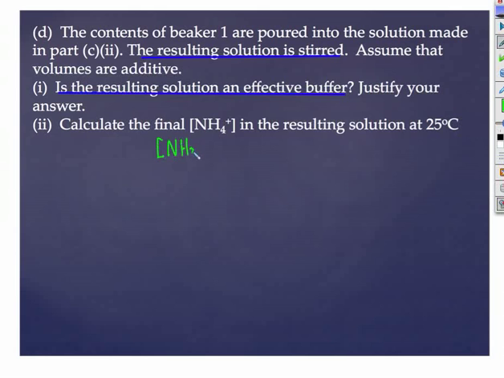Well, remember, we had a concentration of NH3 equal to our NH4+, and those were both equal to 0.05 molar solution at that point. Now this was a buffer solution. That's why we could use the Henderson-Hasselbalch equation. That was a buffer solution.